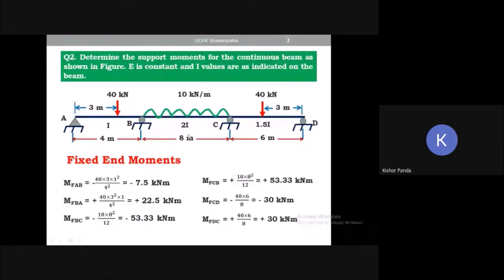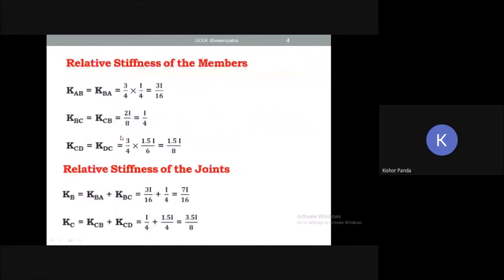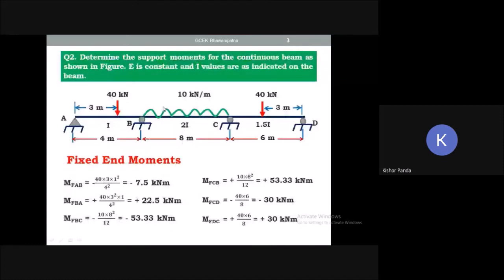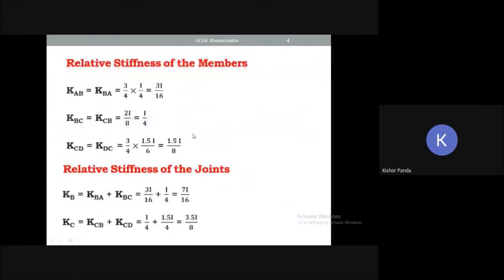But here I is given as 2I, so 2I by 8. You find out the relative stiffness of the members. KBA is equal to 3 by 4 into I by 4, which is equal to 3I by 16. Then KBC is equal to KCB is equal to 2I by 8, which is equal to I by 4.